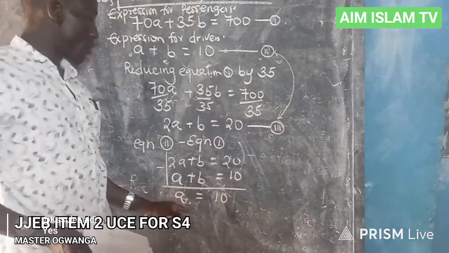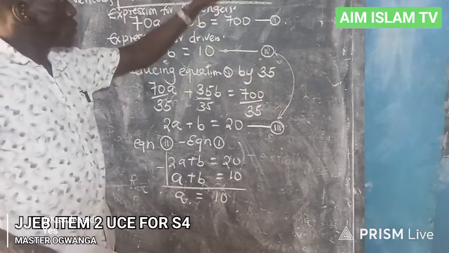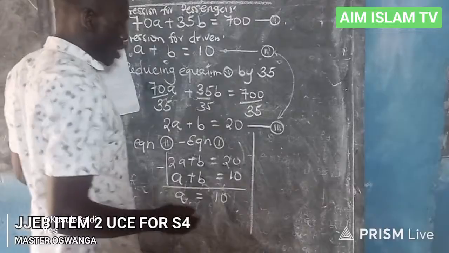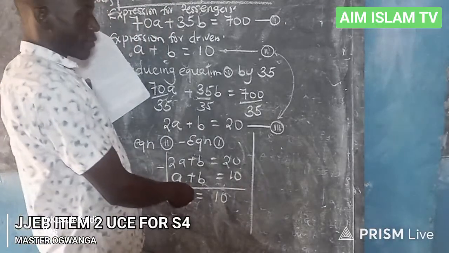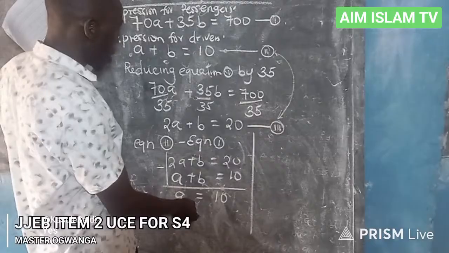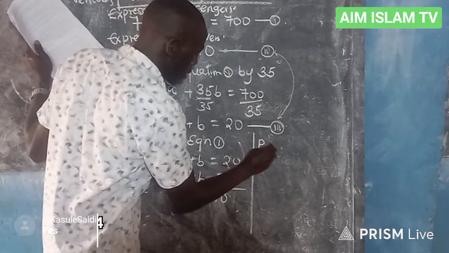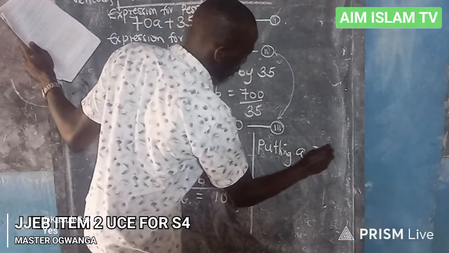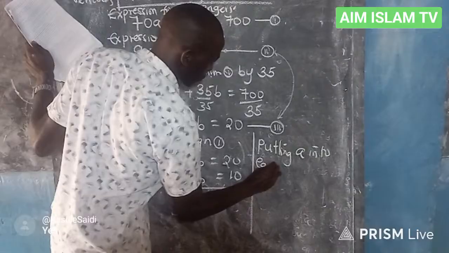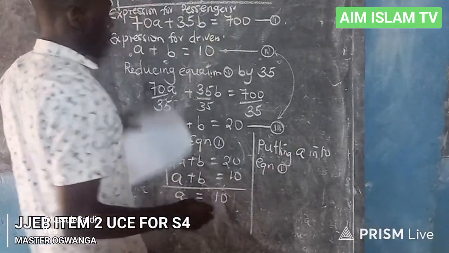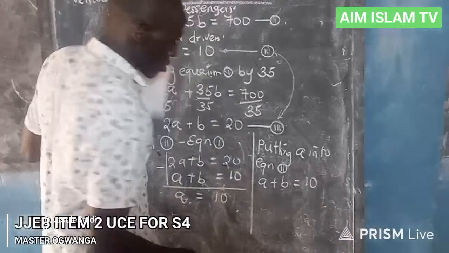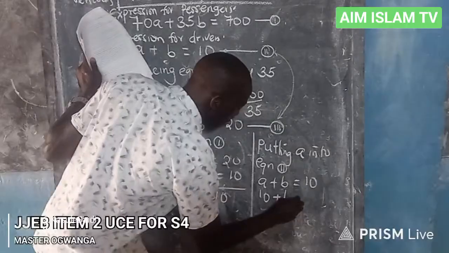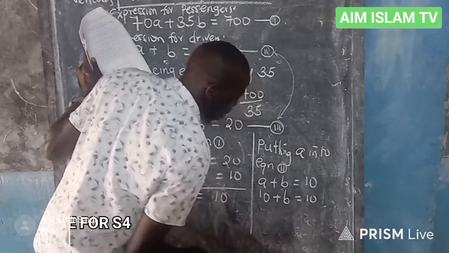The value of A is now representing the buses, meaning that I should also use the value of A we have got to get the value of B, which will be the number of coasters. I will substitute the value of A we have obtained in any equation. Putting A into equation 1, with A being 10, I will put it here: 10 plus B equals 10.